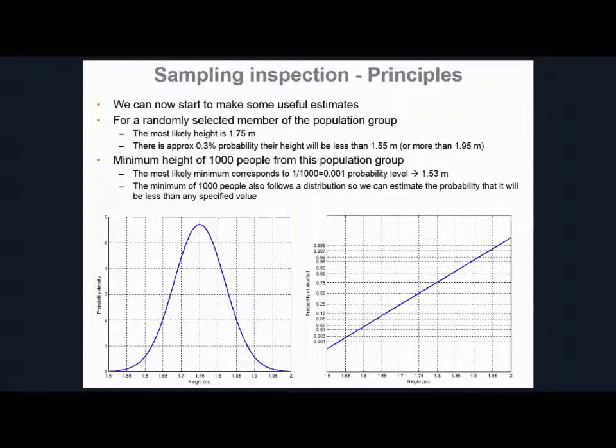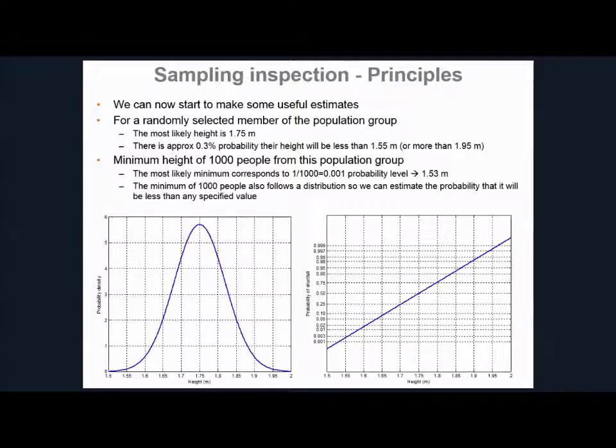So that lets us make some useful estimates. For example, if we took a randomly selected member of this population group, the most likely height is 1.75 meters. And also what we can say is that if we look over here, there's a 0.3% probability, that's 0.003, that a randomly selected individual from this population would have a height of less than 1.55 meters, or conversely on the high side, also 0.3%, which corresponds to 0.997, of more than 1.95 meters.